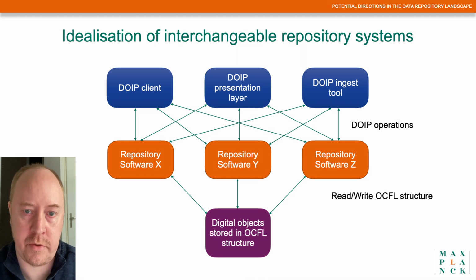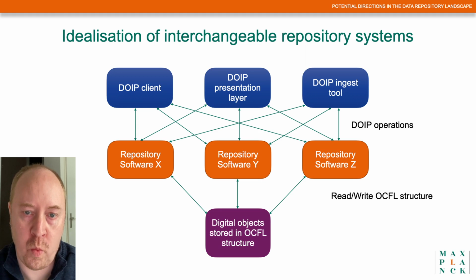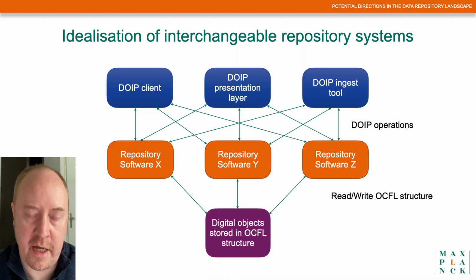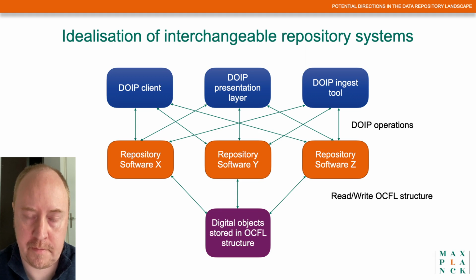For example, in Fedora Commons you can have unlimited hierarchy in your collections, and in DSpace that is not the case. So things like that would also have to be standardized, and also there has to be an agreement on what minimal metadata is used. But in any case, this is the ideal situation that we might have at some point if these protocols are implemented.